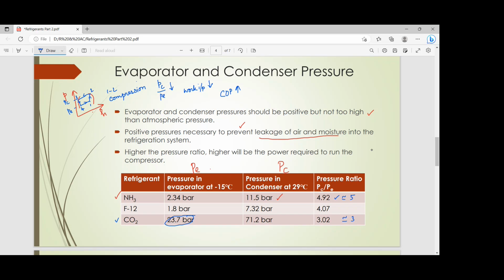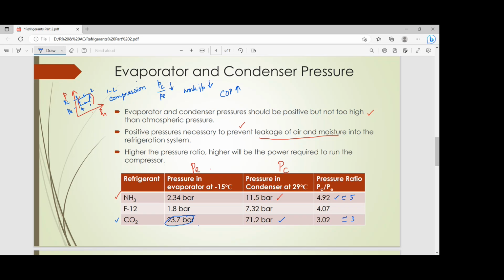At the evaporator it is 23.7 bar, and 71.2 bar, which is a higher pressure. So these are extreme pressure levels, which makes it difficult for us to design a system where carbon dioxide is used as a refrigerant, because my condenser and evaporator pressures are huge, and then I have to design the system accordingly.